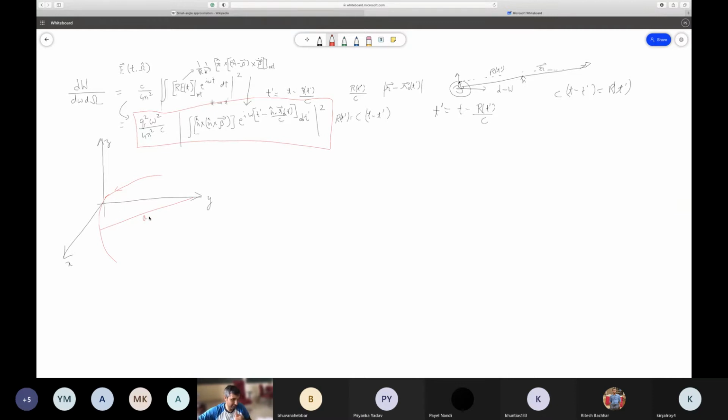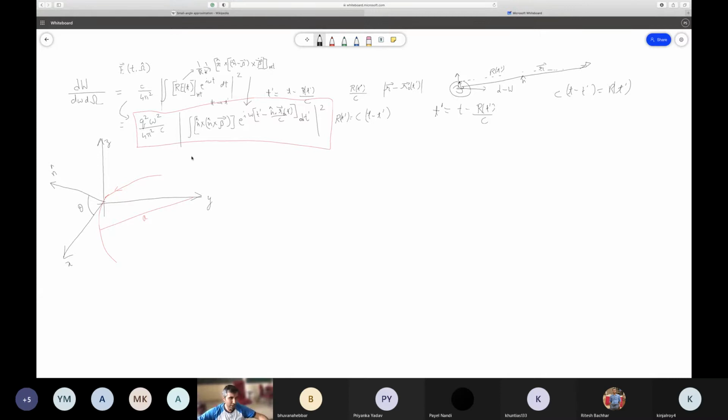So that's the radius of curvature a. And we are considering the viewing angle n hat. This is n hat, which is in the xz plane, and it makes an angle theta with the x-axis. It's in the xz plane.